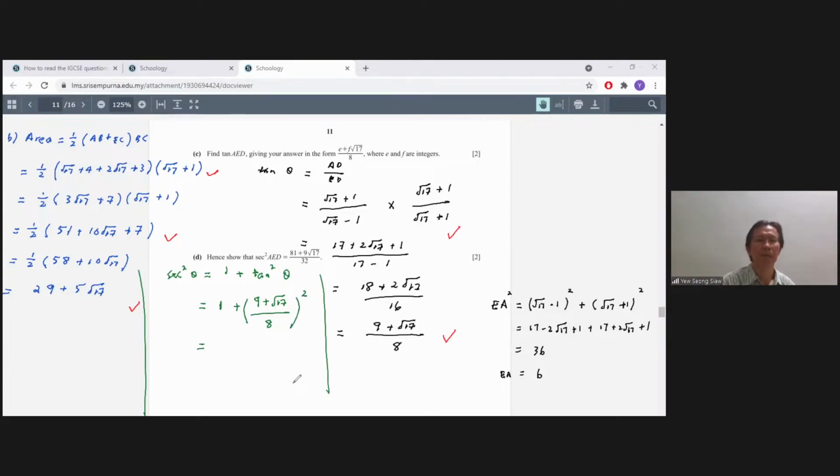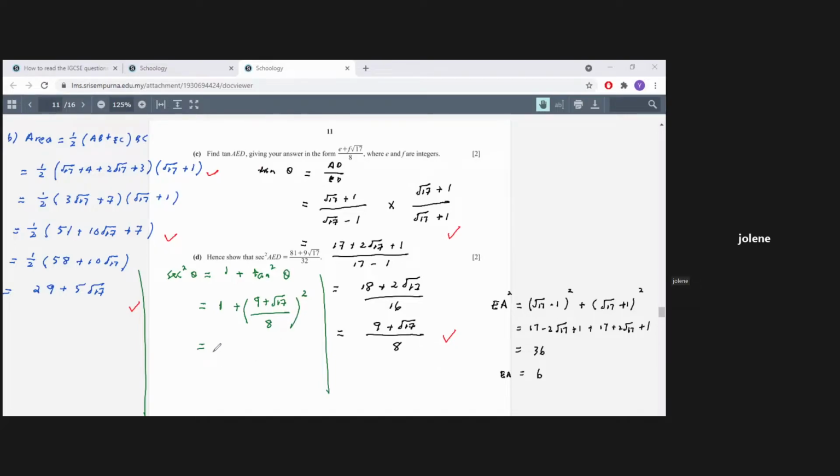Equals to 1 plus 81 plus 18 surd 17 plus 17 over 64.